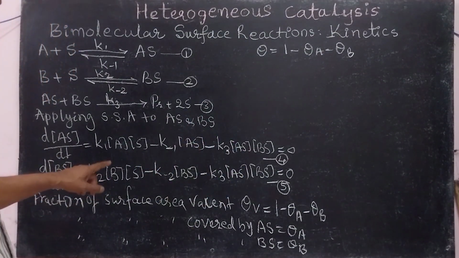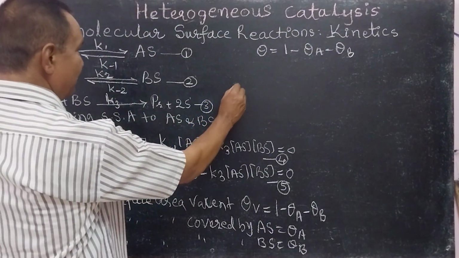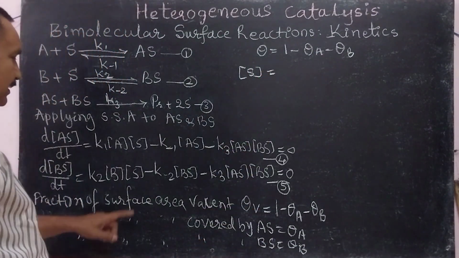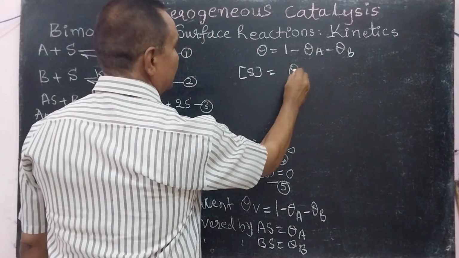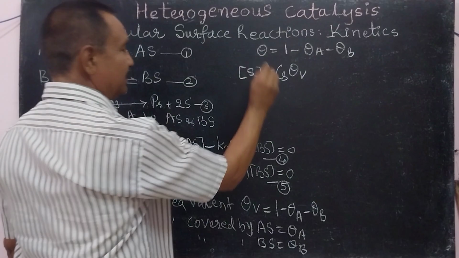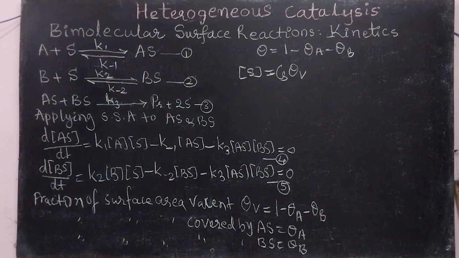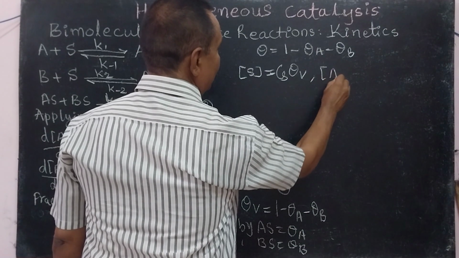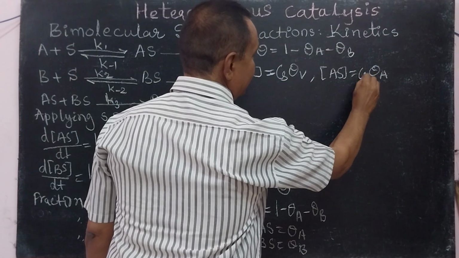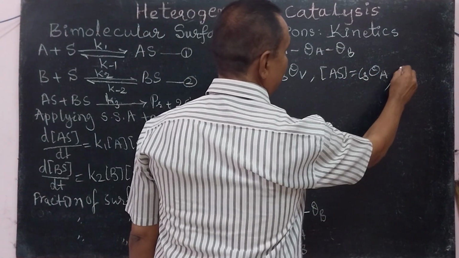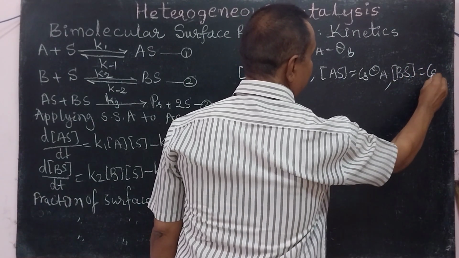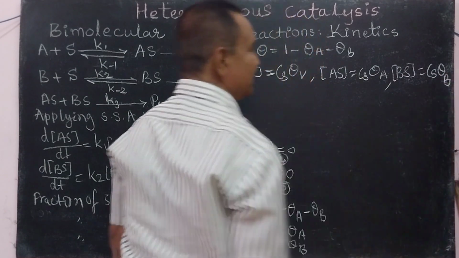Here the concentration of S is proportional to theta V, and CS is the constant. Similarly, the concentration of AS is equal to CS into theta A, and the concentration of BS is equal to CS into theta B.